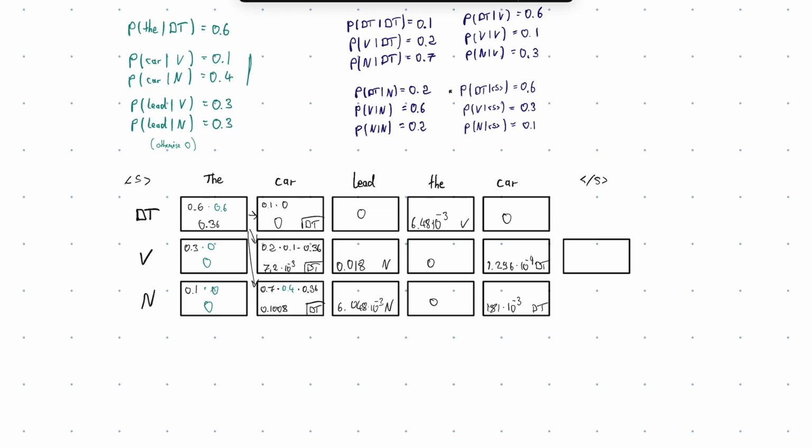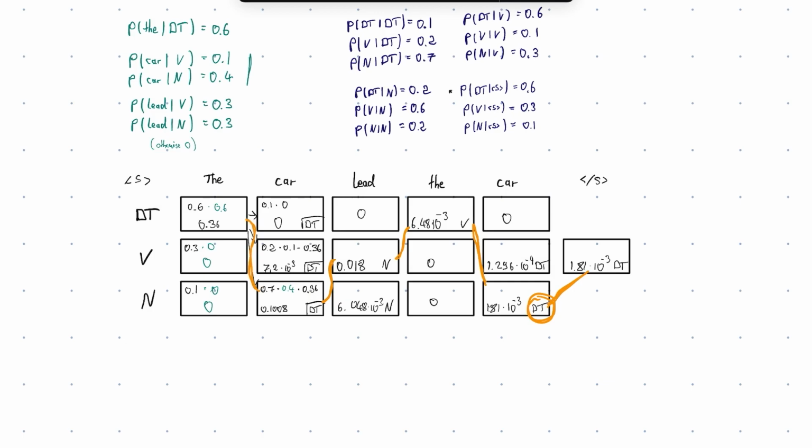I'll just write it down here again. Then we connect this with that, because that's where it came from. We always connect it with the thing that we wrote down about where we came from. So in this case, we came from determiner. And here we came from verb. Here we came from noun. Here we came from determiner.